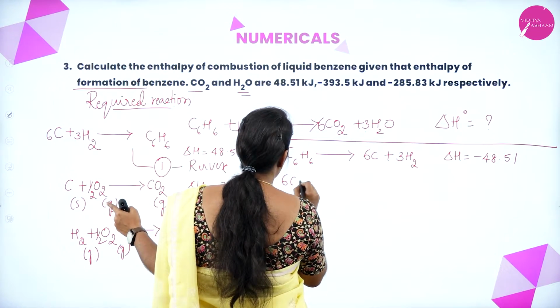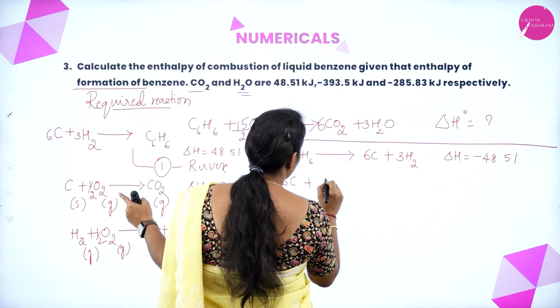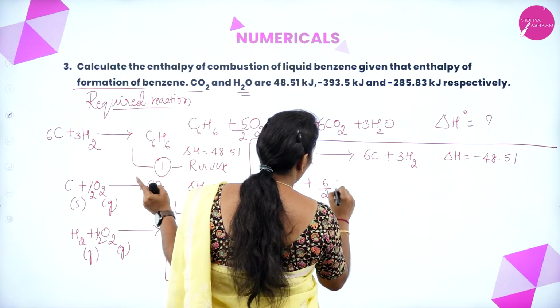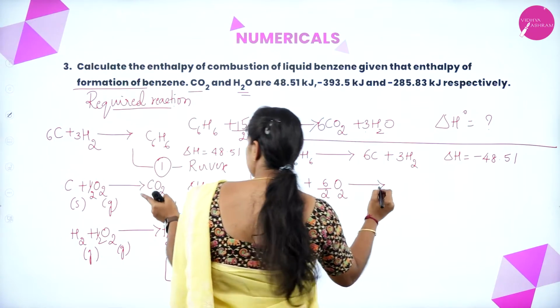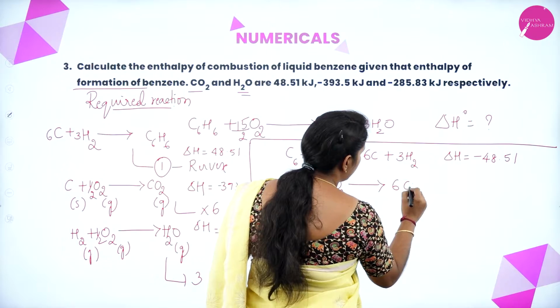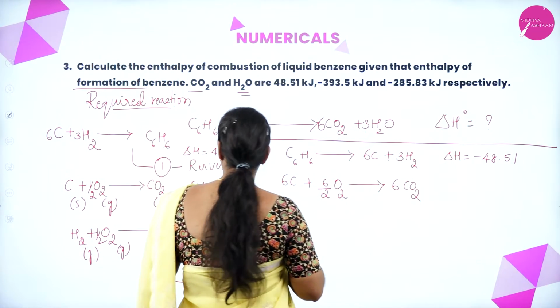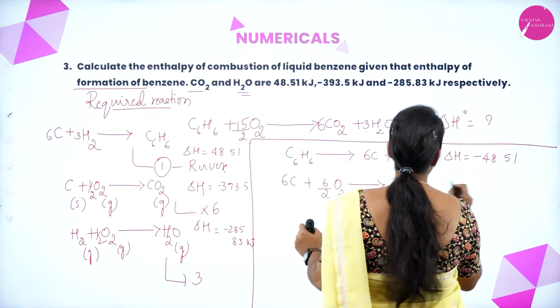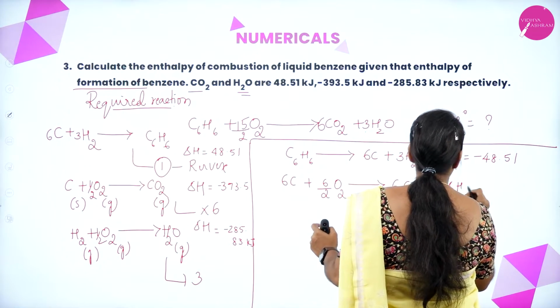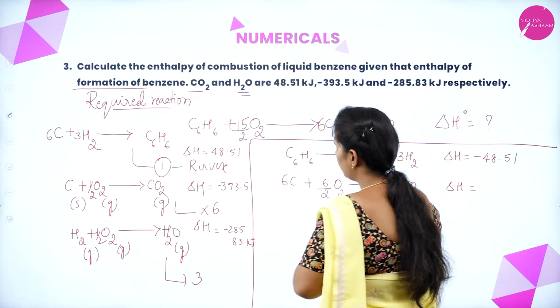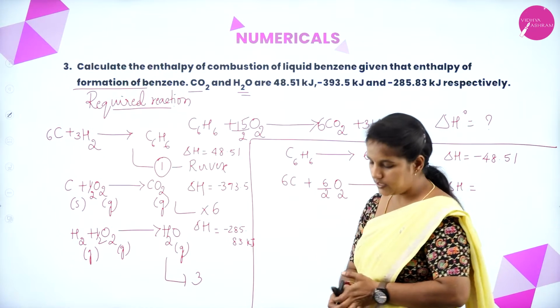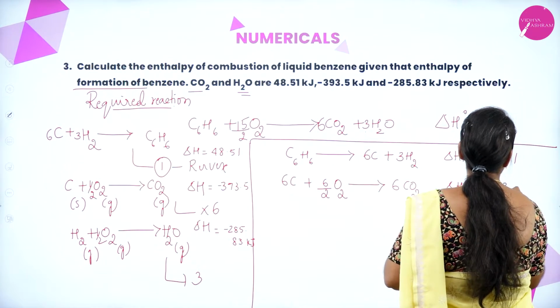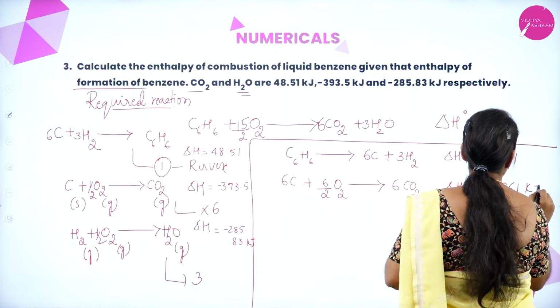So it is 6 carbon plus 6 oxygen giving rise to 6 carbon dioxide. The delta H value has to be multiplied with 6, so minus 393.5 multiplied with 6 is minus 2361 kilojoules.